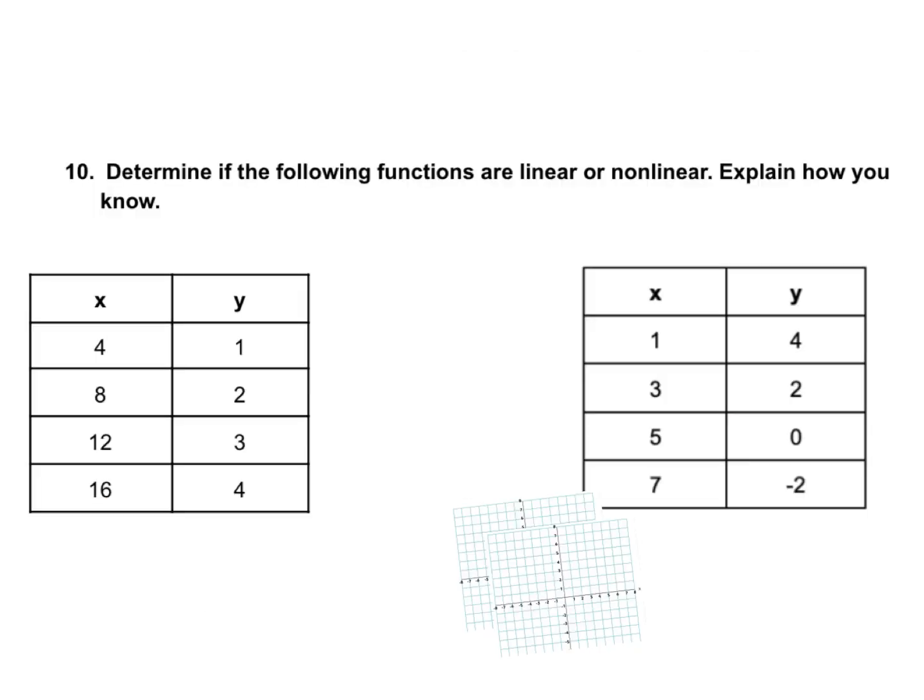Determine if the following functions are linear or nonlinear, and explain how you know. Okay, so a couple things to look for is a consistent pattern. At first I like to look across to see, is there something going on here? And it looks like 4 divided by 4 would give me 1, and 8 divided by 4, I would get 2.